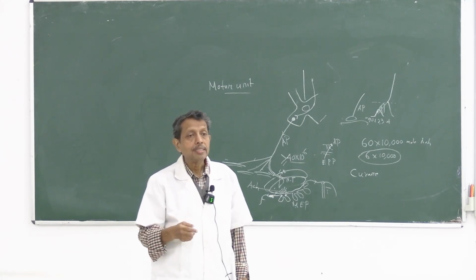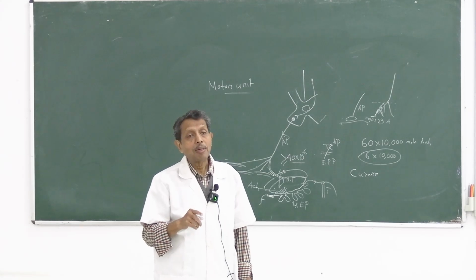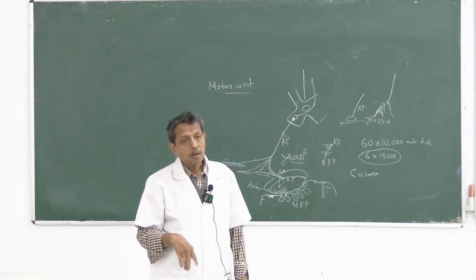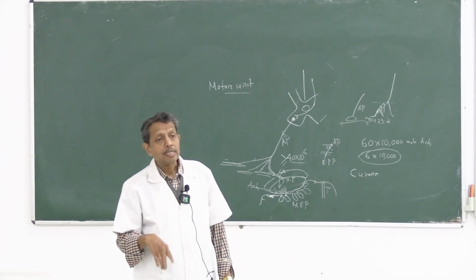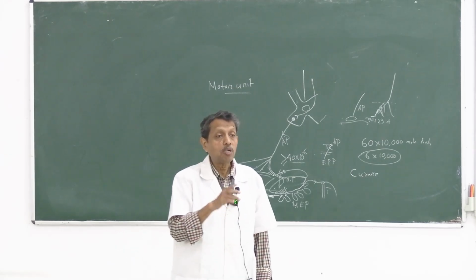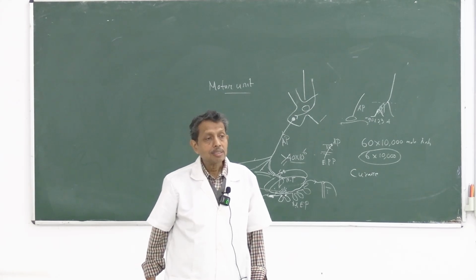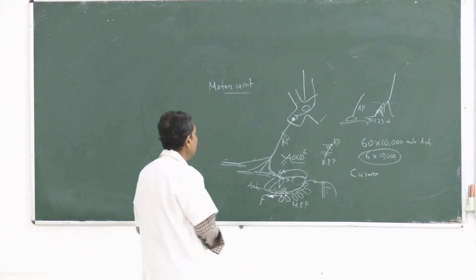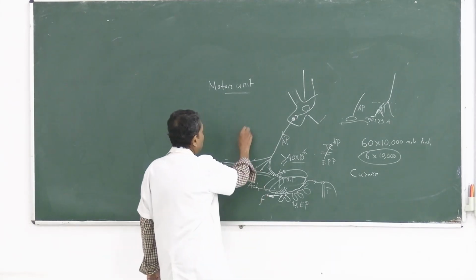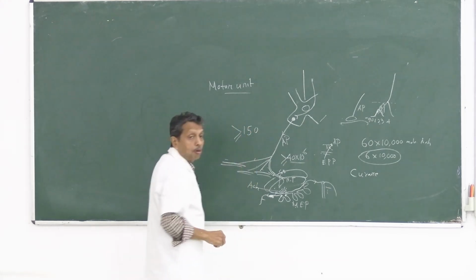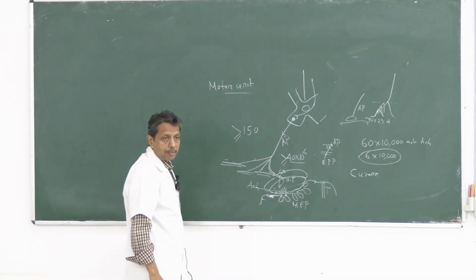And in that case, the number of muscle fibers is low, 3, 4, 5 or so. On the other hand, where there is supportive work of the body, in cat leg muscles, the textbook says 150 or more fibers are activated.